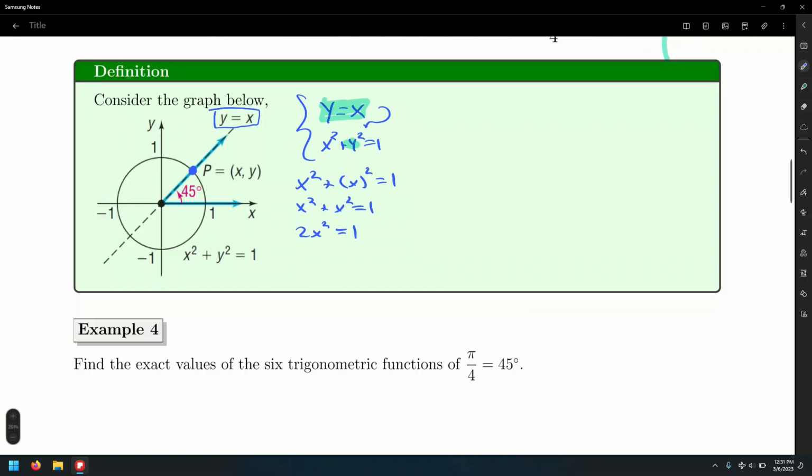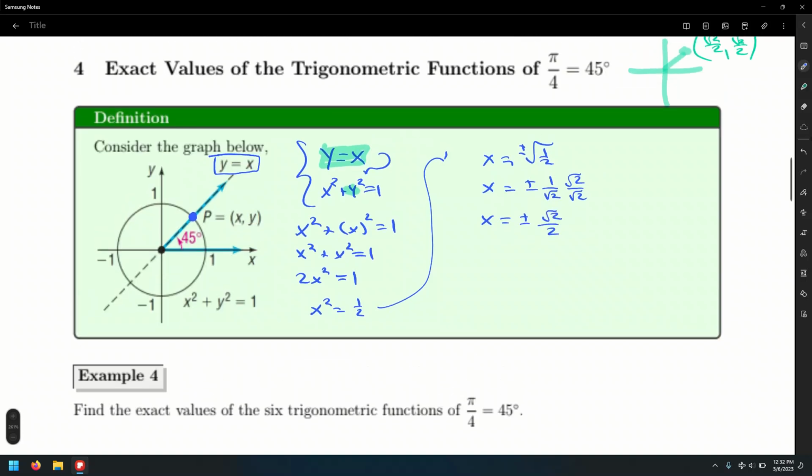And if we keep solving this for x, that's going to be x squared equals 1/2, and x equals plus or minus 1 over root of 2. That's the same as saying plus or minus root of 1, which is 1, over root of 2, and rationalizing, x equals plus or minus root of 2 over 2.